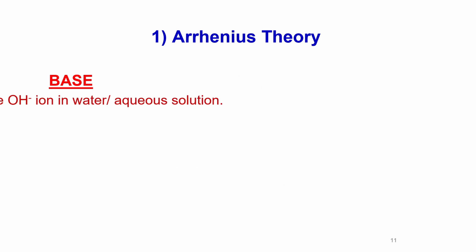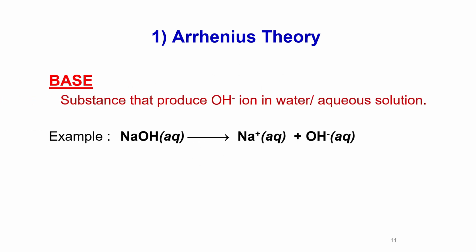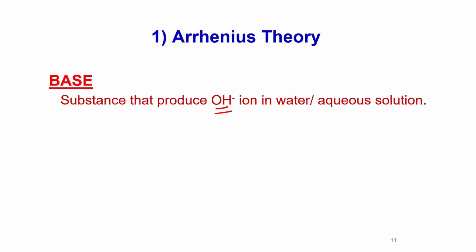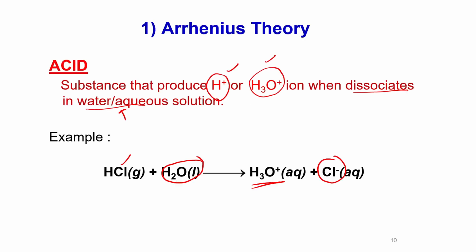So for base, a substance that produces OH minus. So NaOH. Okay, yang tadi ni kita ada two types of equation. Yang tadi ni ialah HCl in gaseous phase. So kalau di dalam gaseous phase, kita perlu tulis H2O in liquid. Okay, dissociate in water.